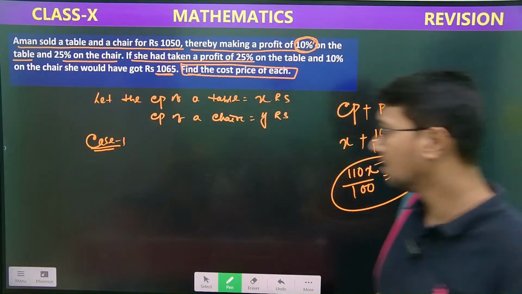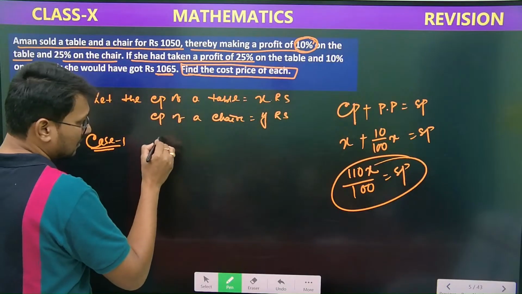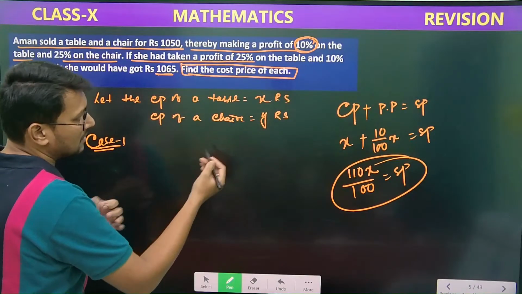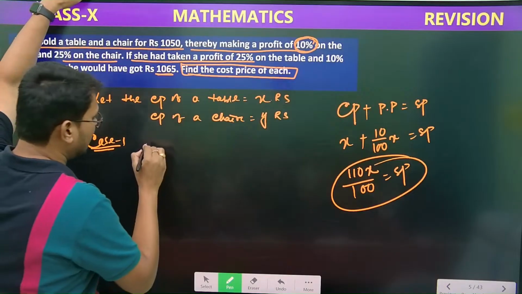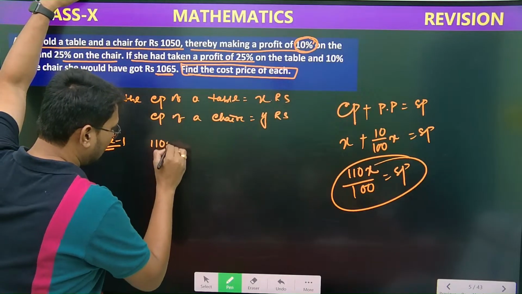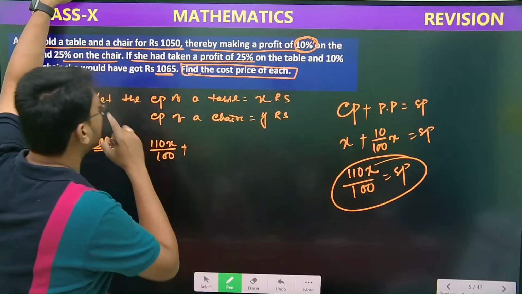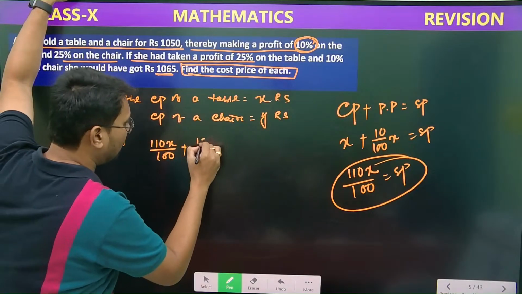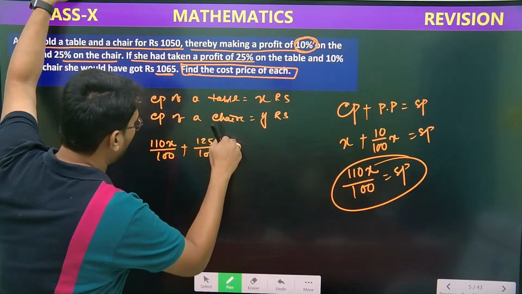So case 1 is saying the selling price of a table plus the selling price of a chair is 1050. That means 110x by 100 plus 125 by 100 y equals 1050.